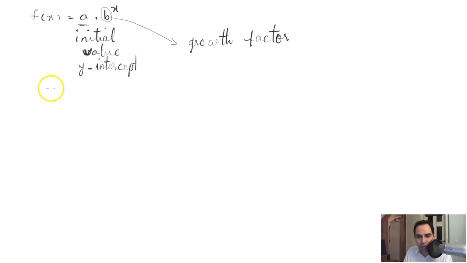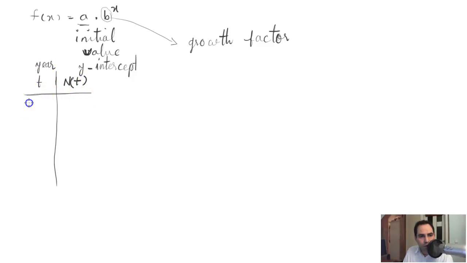Let's say 100 deer have been introduced into some wildlife refuge at some point in time. Let's say this is your t in years, and this is the number of animals in that population over time.